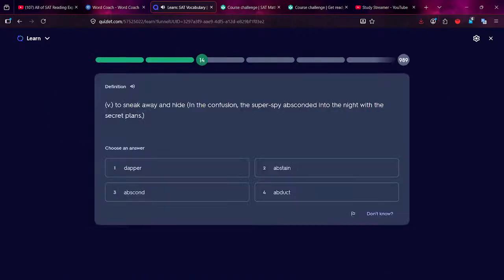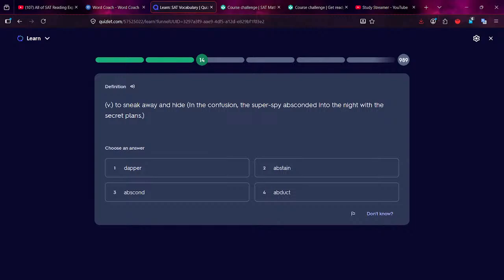That's our next stage. Okay, to sneak away and hide. Okay, so dapper, I'm not sure what that is. That's probably something positive.